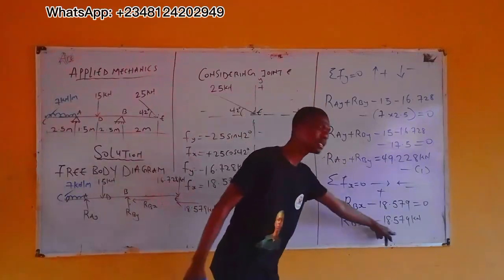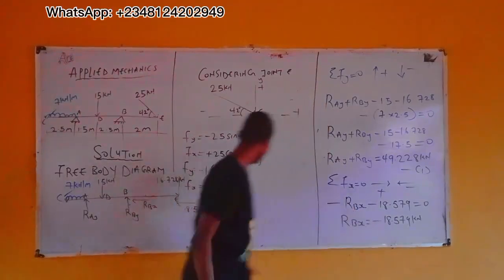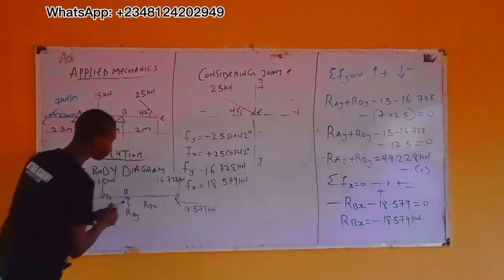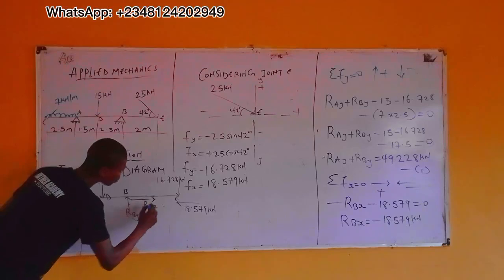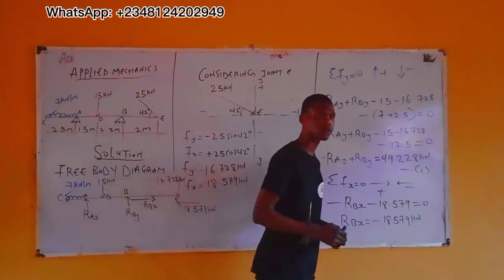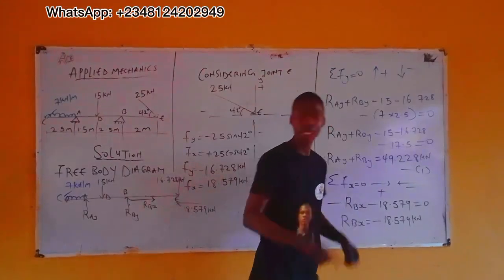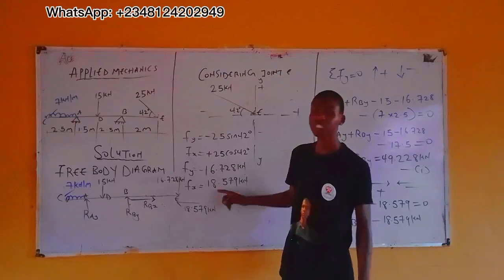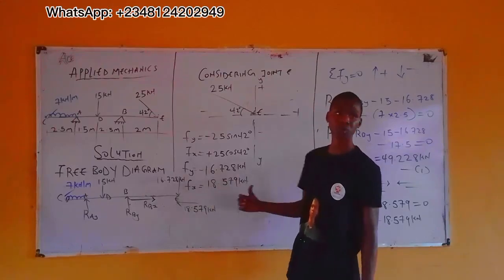By the time you get negative, it is only telling you that what you've assumed here for RBX is the opposite, meaning this is what you are meant to have for RBX. So having a negative answer does not mean anything. Just know that the initial assumption that you made is opposite of it.